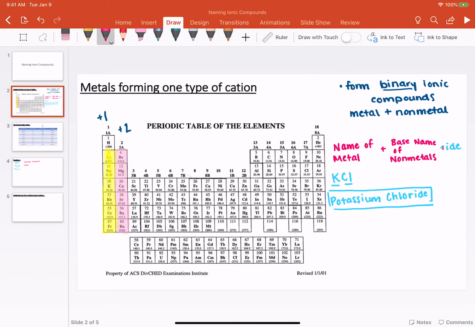Silver isn't a group 1 or a group 2 metal, and you are correct. So silver is one of our exceptions here. Technically, it is a transition metal, but there are a couple metals that actually form the same cation every time. One of them is silver. So silver always forms Ag+.